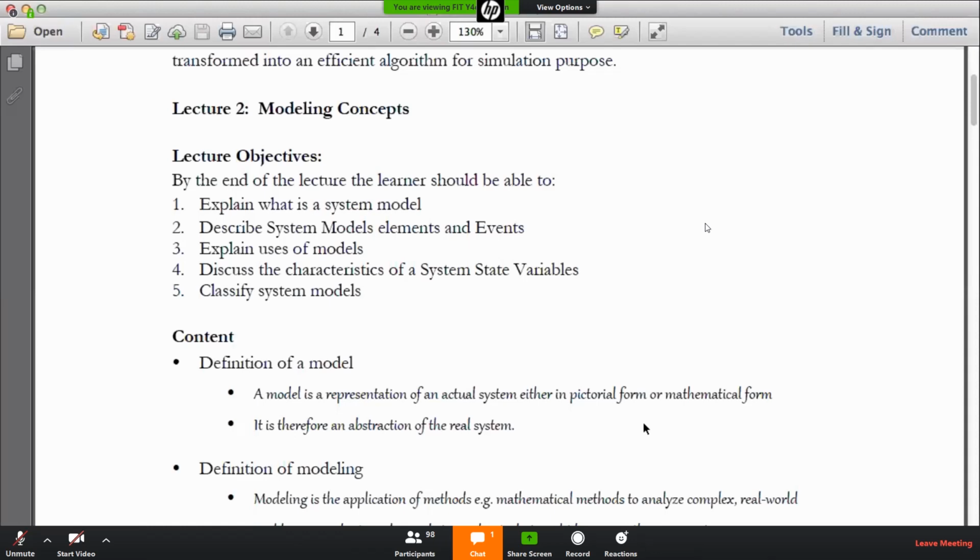Okay. Another section where you've done modeling is in database, which I suppose you've done a number of database units. When you are designing a database, the first point is what we call the logical model.